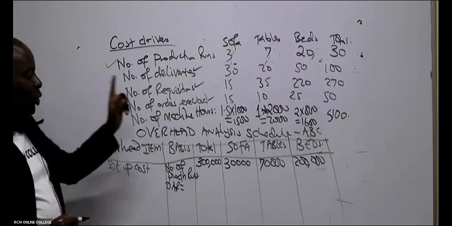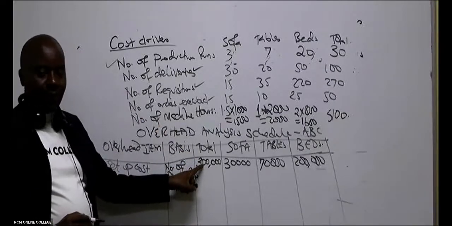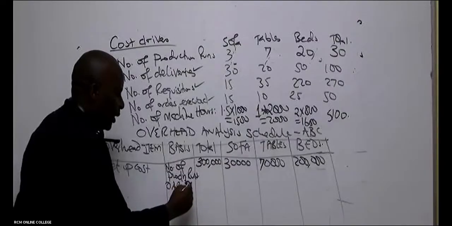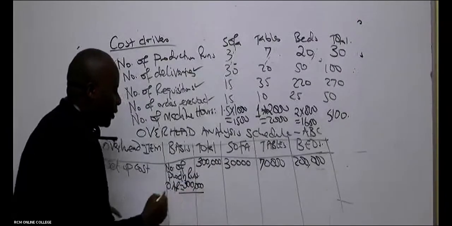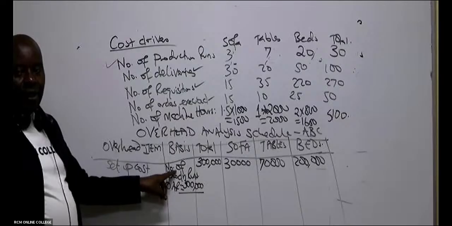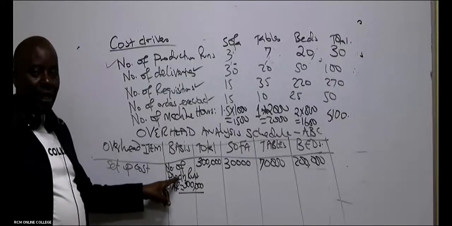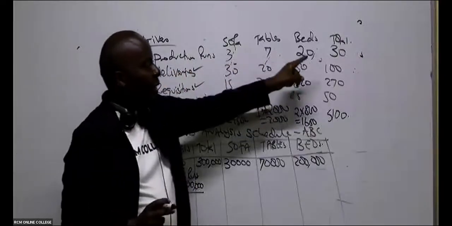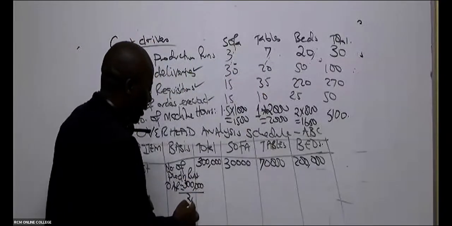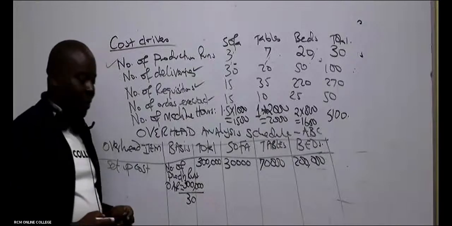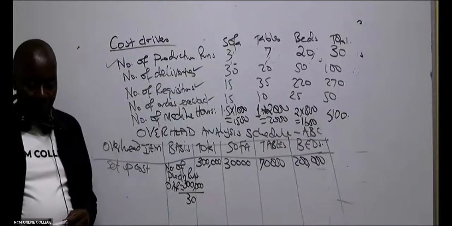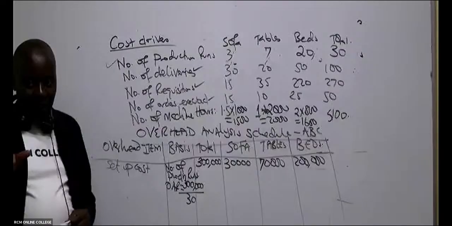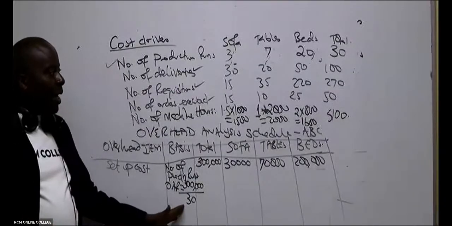So do we have the total setup cost here? 300,000, isn't it? And then you divide this by the basis, which is the total number of production runs. The total here is 30. So 300,000 divided by 30 will give me 10,000. So this will be 10,000 per run.